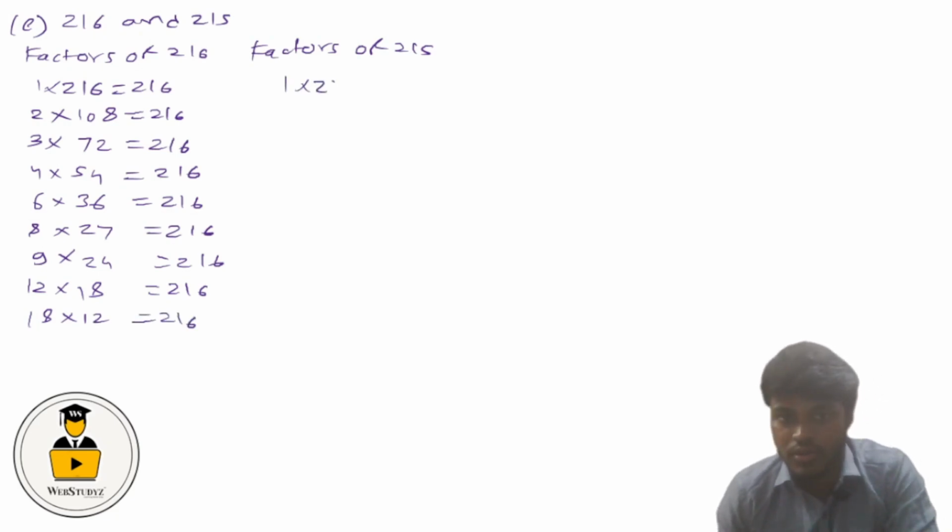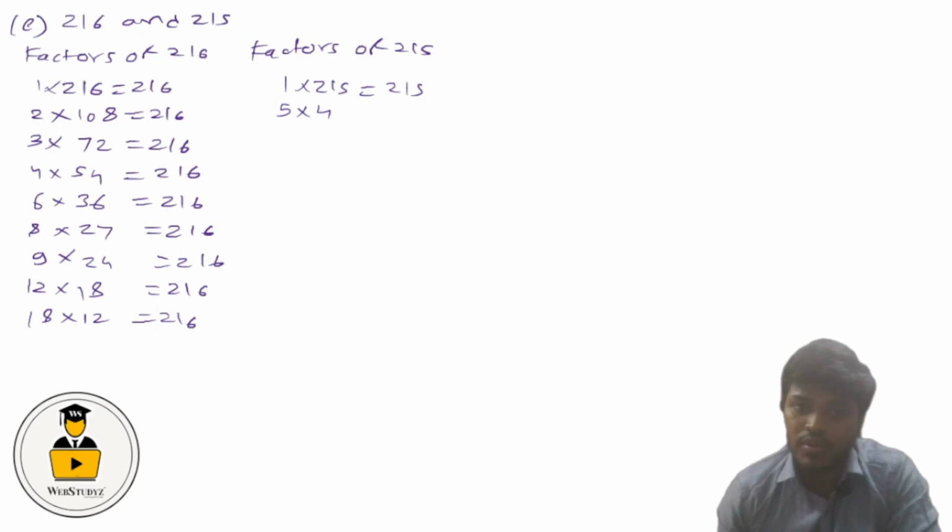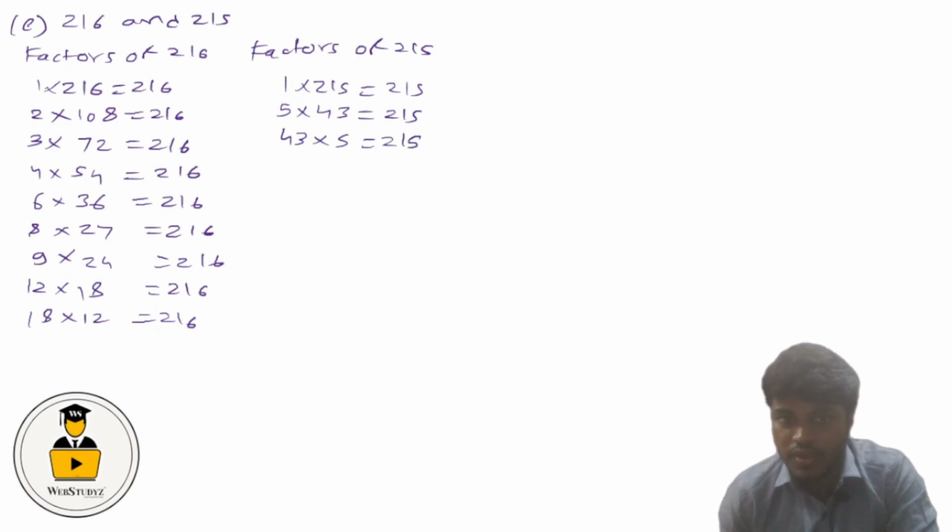Similarly, 1 into 215 will give us 215. Then if we divide it by 5, it will be 43. So 43 into 5 will give us 215, and similarly 215 into 1 will give us 215.